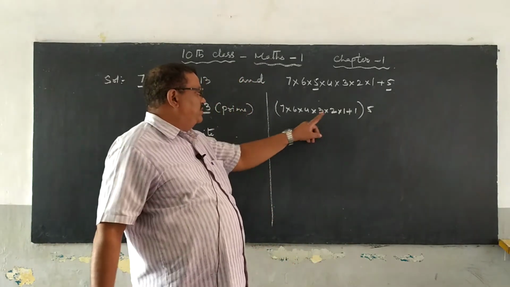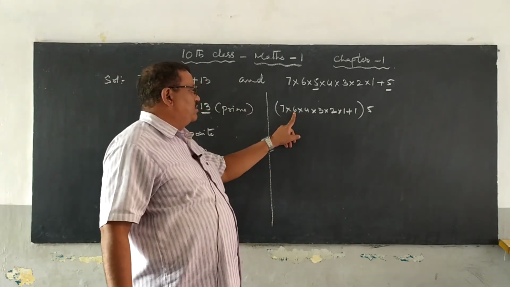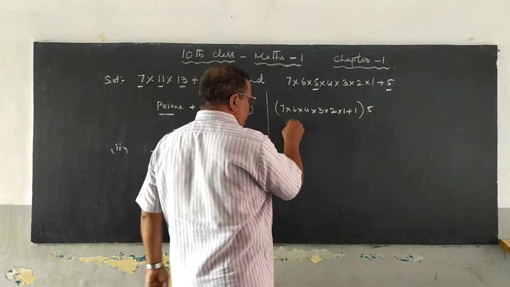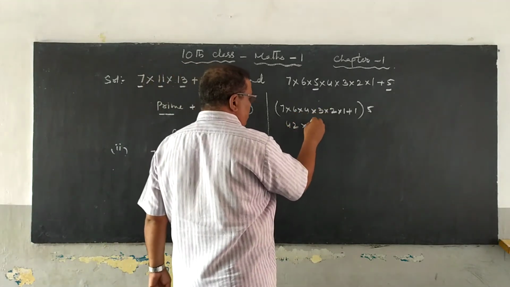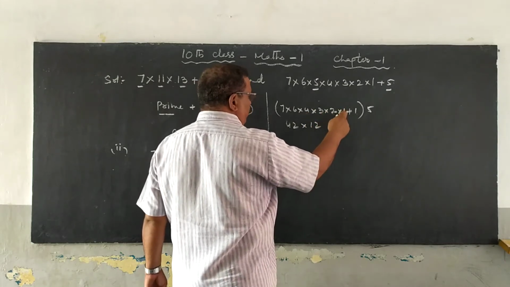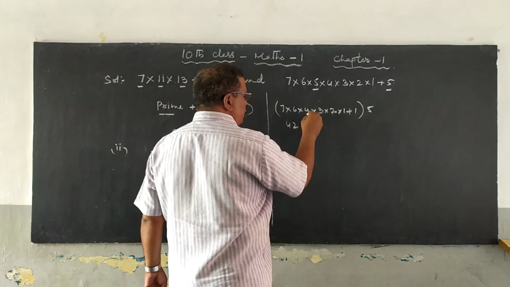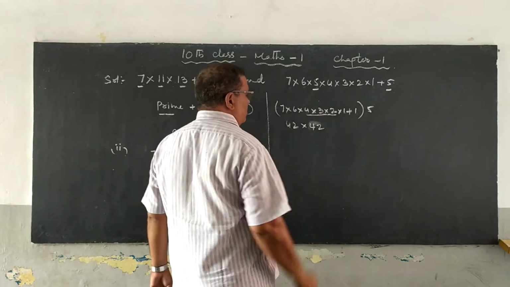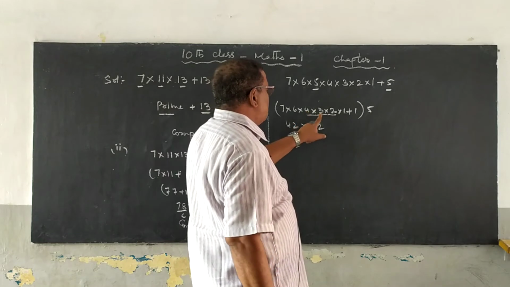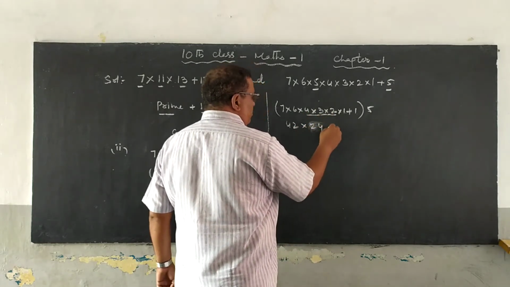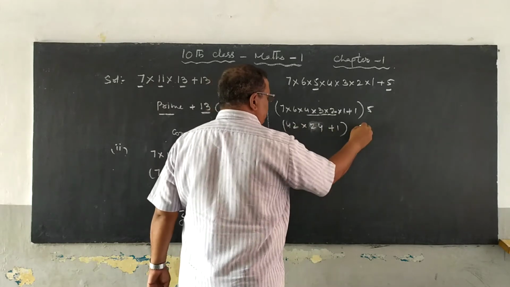Multiply these: 7 sixes are 42. 42 into 4 is 168, 3 twos are 6, and so on.